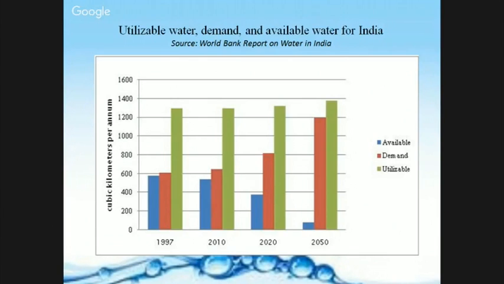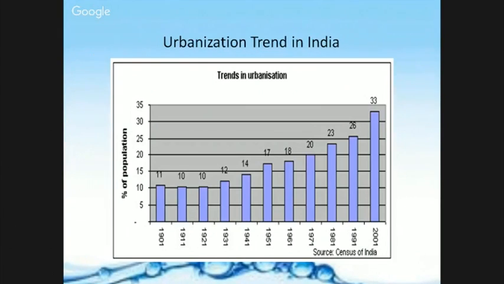Many a times, demand overshoots the availability. And there is a ray of hope with a green bar which is projected there. Utilizable water is much more than what we are calling all about. That's what is being projected.